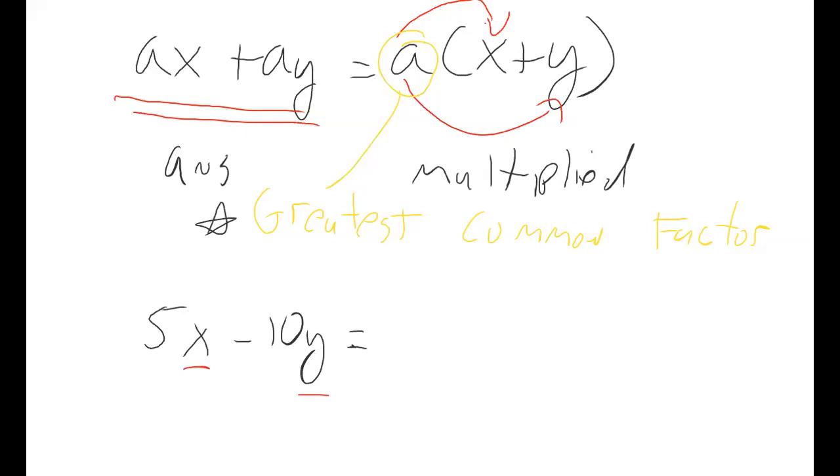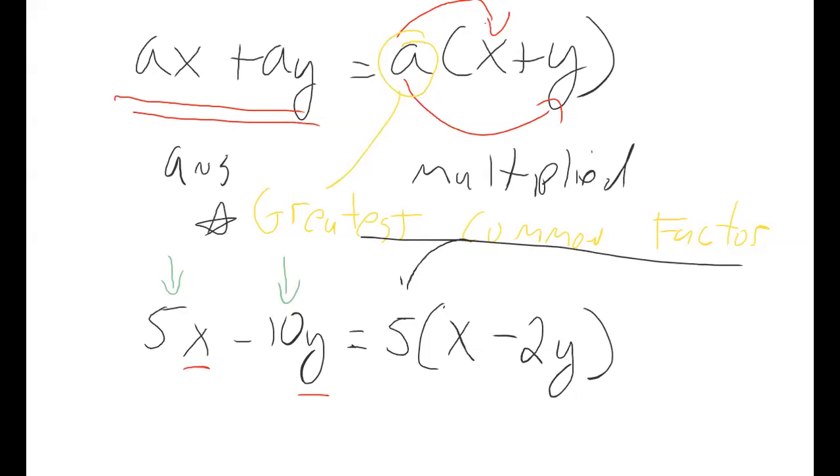So I know it has nothing to do with my letters. But if I look at the numbers, there is a number that can go in both of those, and the number is 5. So if I pull a 5 out of the first term, I have an x. Keep the sign. If I pull a 5 out of the 10, 10 divided by 5 is 2, and then I keep the y, and therefore there's my answer, and my greatest common factor is the 5.